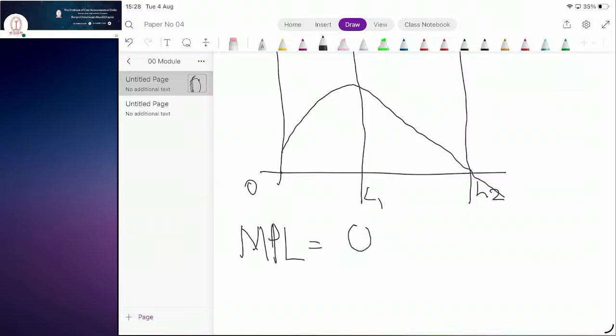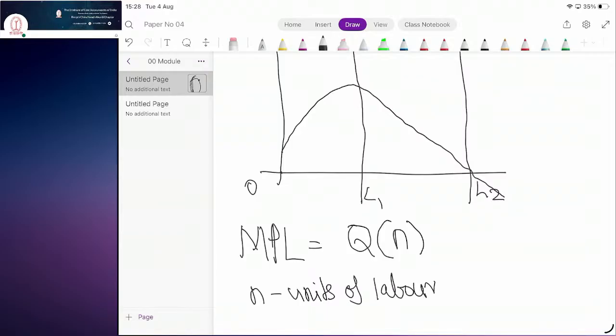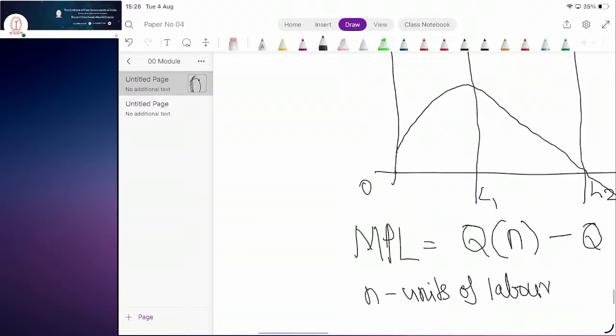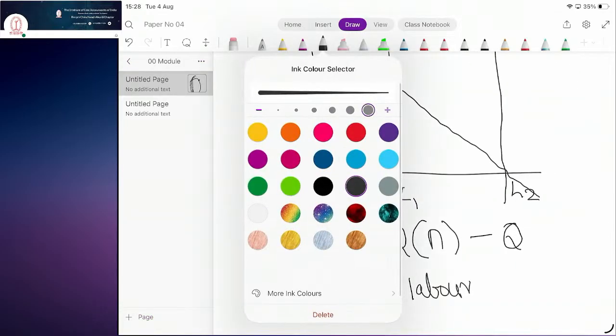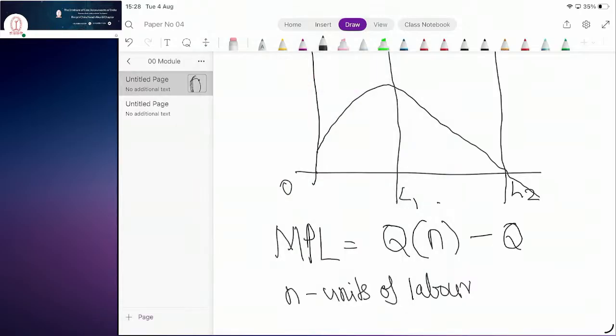So if I write Q of n, n is units of labor, MPL of the nth unit of labor, let me write this. MPL of the nth unit of labor is what? Qn minus Q of n minus 1.